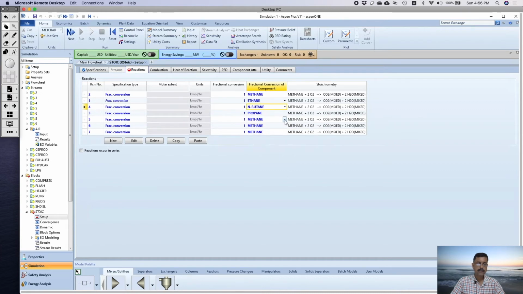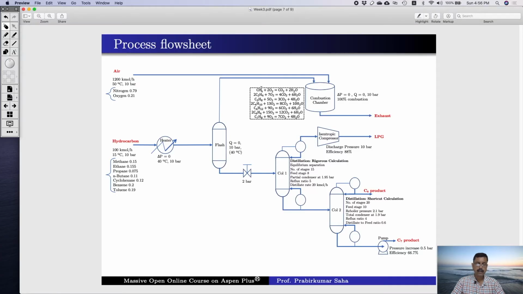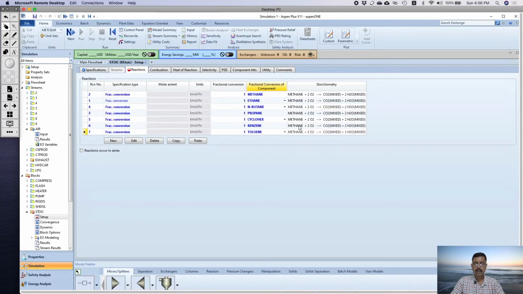Reaction 5 will be cyclohexane. Reaction 6 benzene, and reaction 7 toluene. So all of them we have given over here. So each and every one of them we have to edit individually.